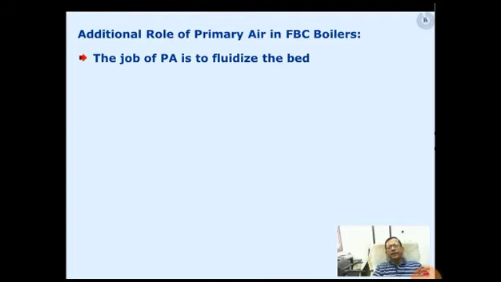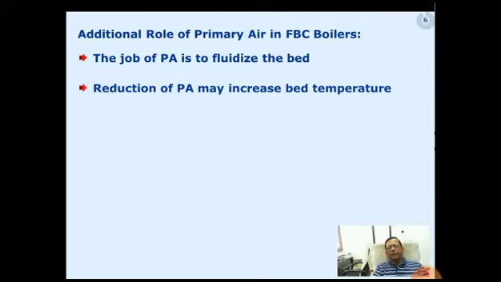Naturally, if I reduce the primary air, what is going to happen? The fluidization will be less, therefore the bed temperature is going to increase. Now we know that is the most critical parameter in a fluidized bed boiler, right? So that creates a limitation for us in reducing the primary air.